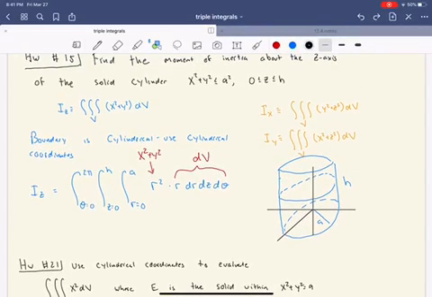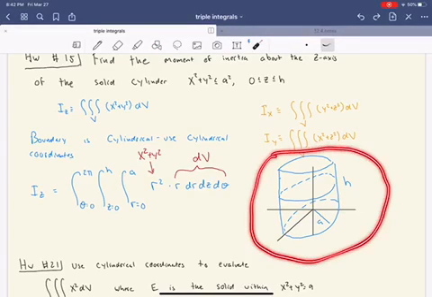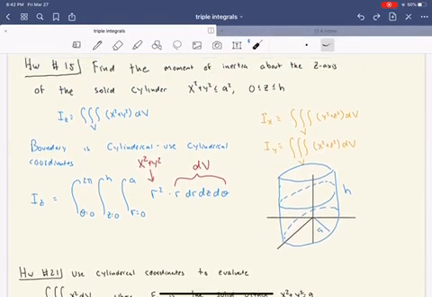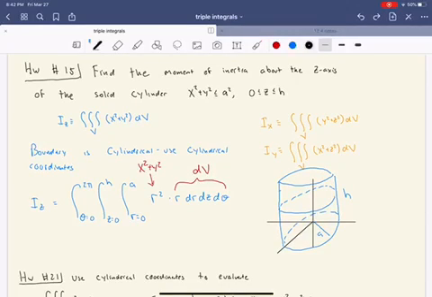Here I've actually drawn the cylinder, but I like drawing these things in 2 dimensions. So let me draw a 2-dimensional version of this thing.